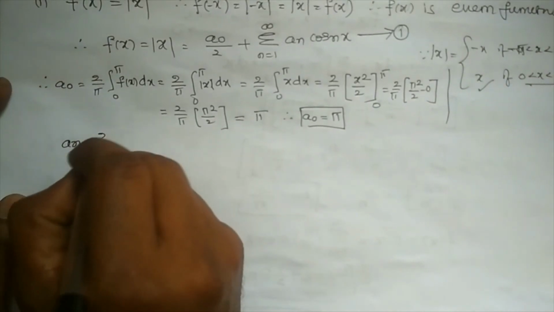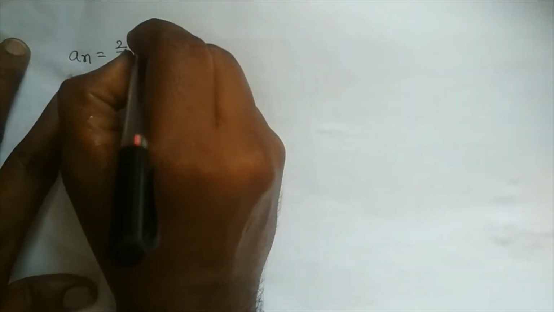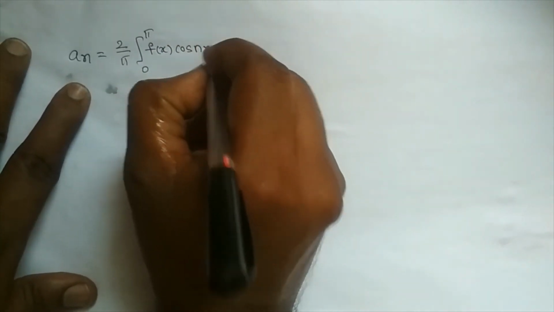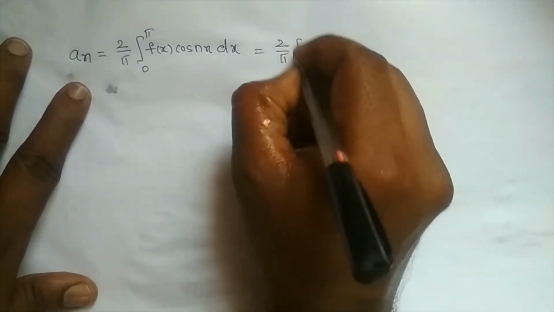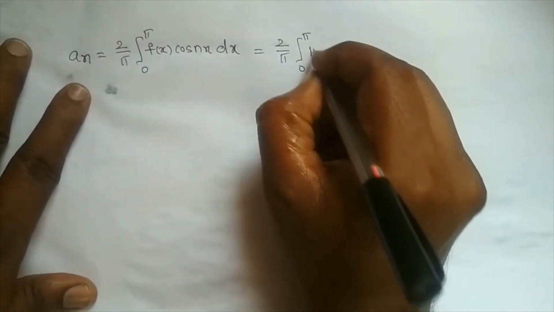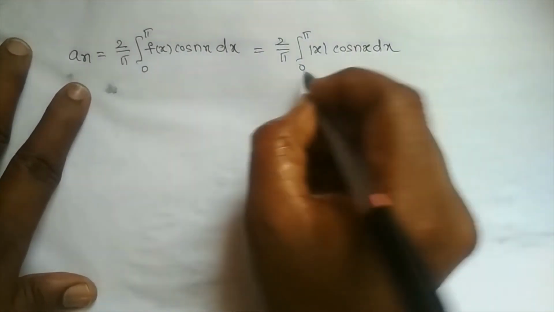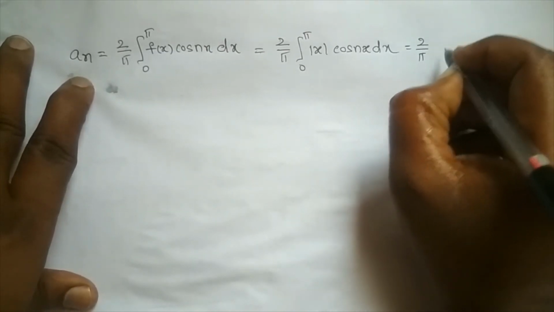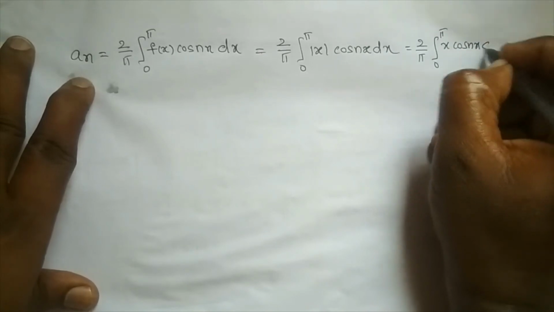An is equal to 2 by pi integral 0 to pi f of x into cos nx dx, where f of x is mod x. So in this interval mod x is x, so 2 by pi into integral 0 to pi x cos nx dx.